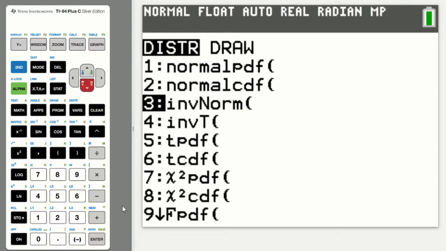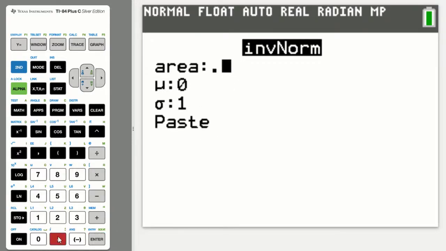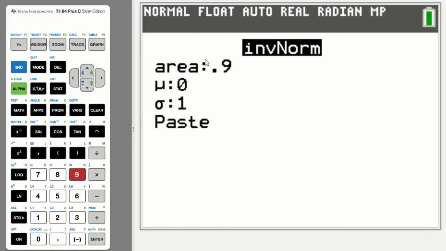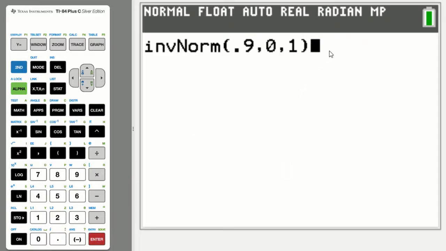Let's scroll down to option 3, enter. This time I am going to input the given area shaded to the left of our z-score to be 0.9, because this is the area known to be to the left of the z-score we're looking for. Of course, we are still working on the standard normal distribution bell curve, so let's default these two values at 0 for mu and 1 for sigma. I am going to hit enter a few more times, and now we are ready for hitting enter.